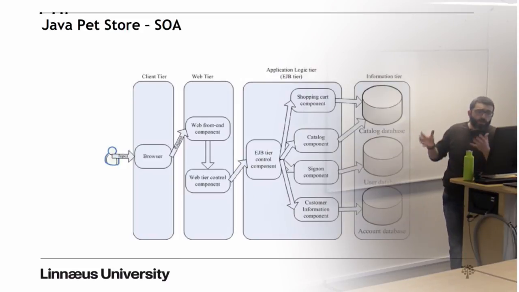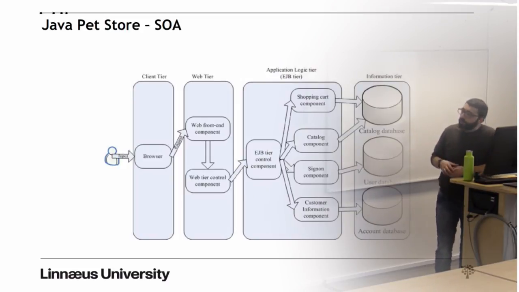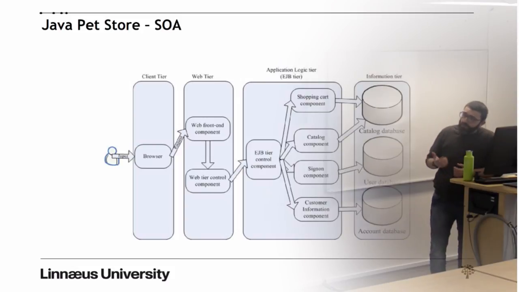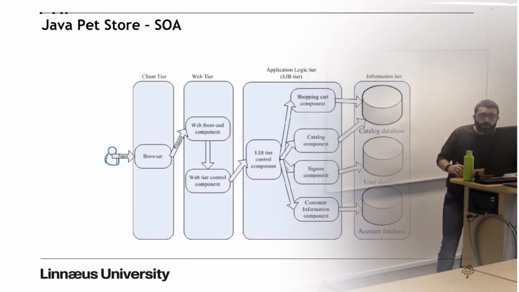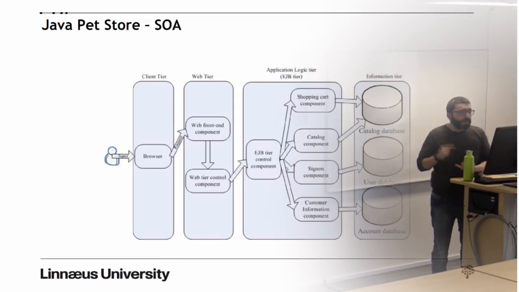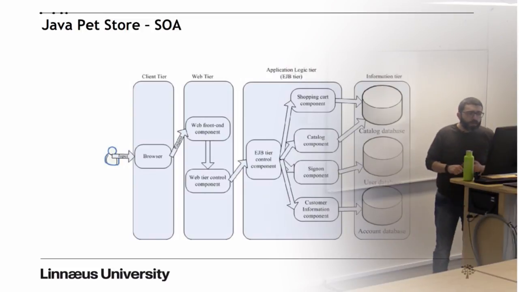And then we have the application logic tier, which is implemented in Java 2 Enterprise Edition by means of Enterprise Java Beans. And then this big enterprise business logic interacts with the information tier, that implements all the key data regarding the catalog, the user database, the account database, and so on and so forth.